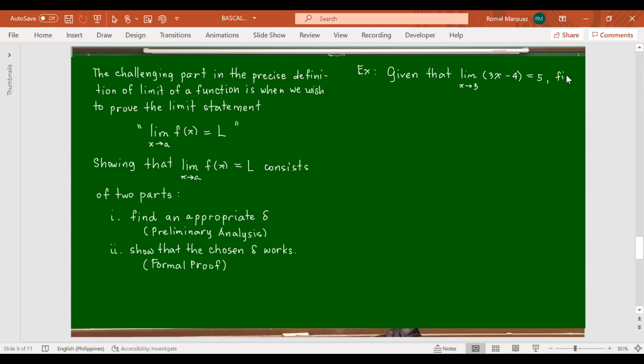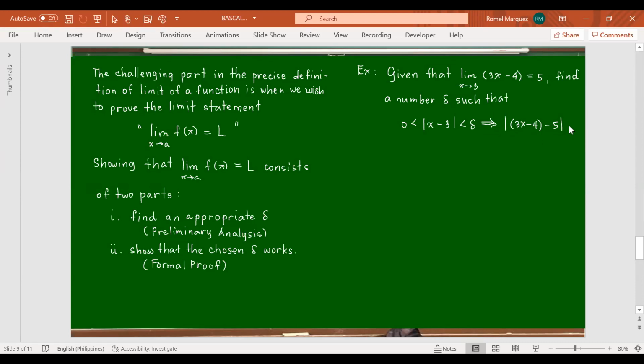Find a number delta such that, when I write later such that, I will just write ST, such that if the absolute value of x minus a, my a here is 3, is between 0 and delta, then the absolute value of f of x, my f of x is 3x minus 4, minus L, my L is 5.